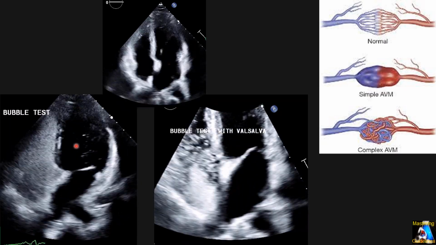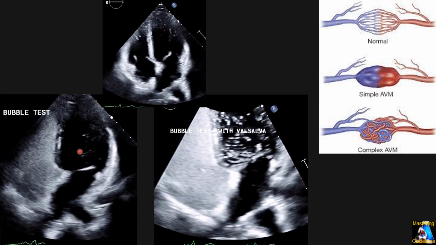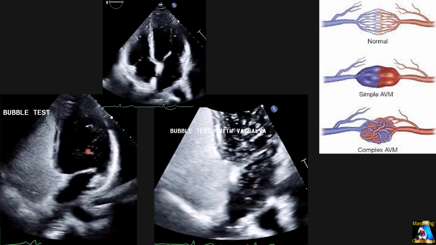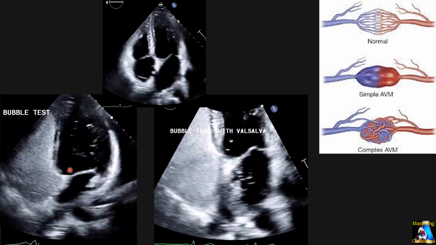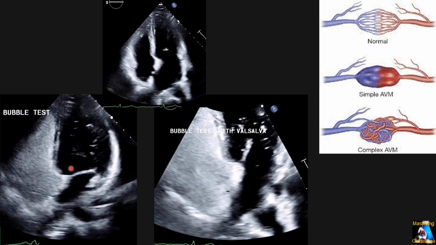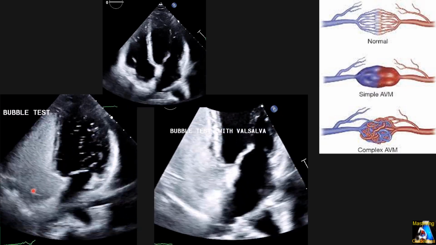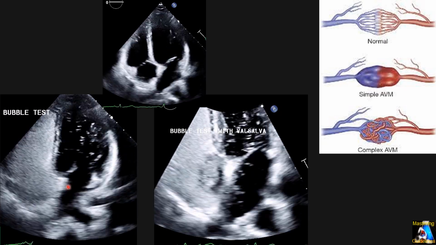The second question was, do we need Valsalva whenever the bubble test is positive? Usually we don't do Valsalva only in those cases where we do the bubble test for a patient with stroke or mini stroke, TIA. In those cases, we just want to rule out whether the patient has a paradoxical thromboembolism through the heart or not.